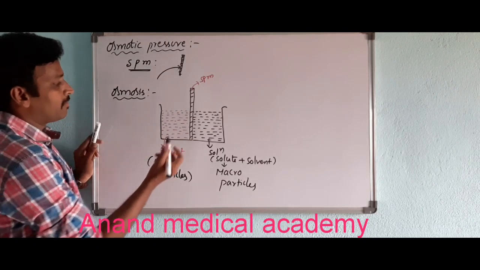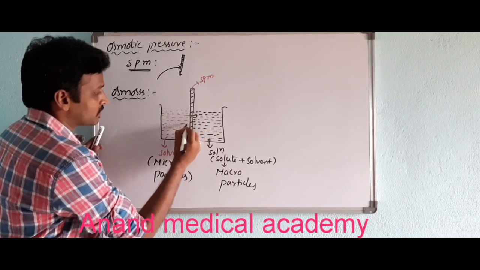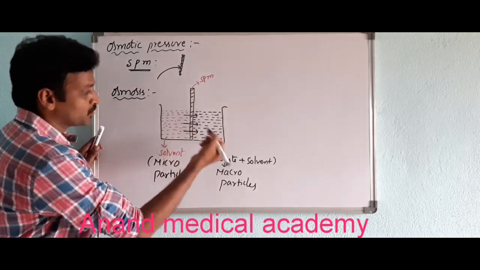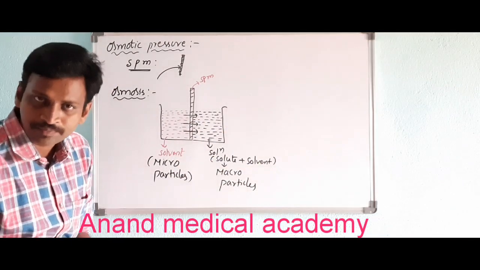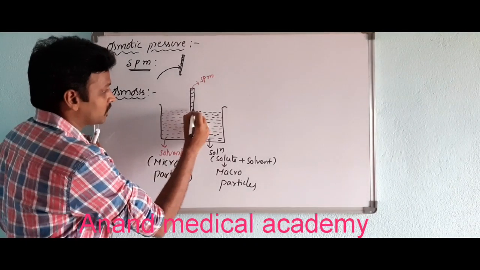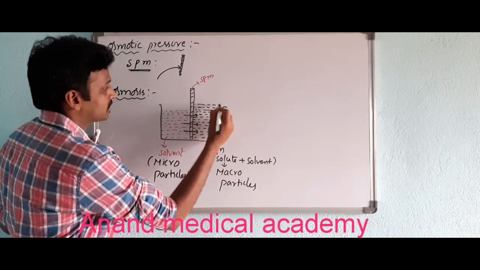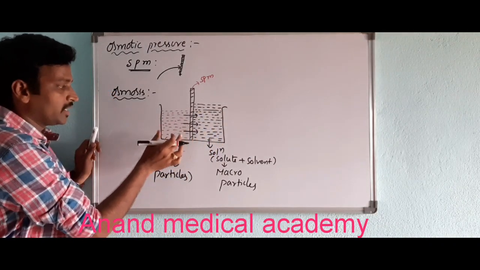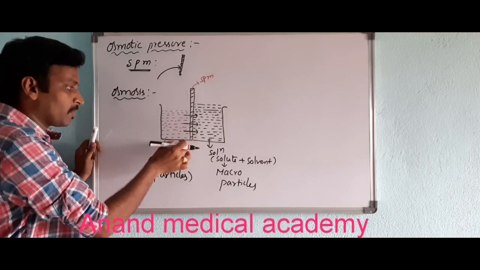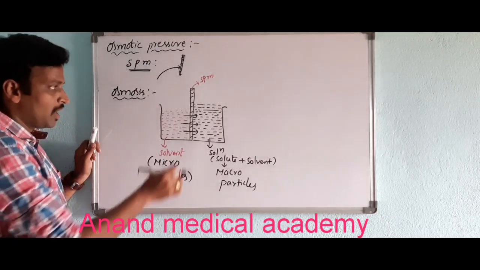So now what happened? This solvent will flow from the solvent part to the solution part. Certainly, when solvent is flowing from here, this level will increase like this. Initially I took equal volumes of solvent and solution.